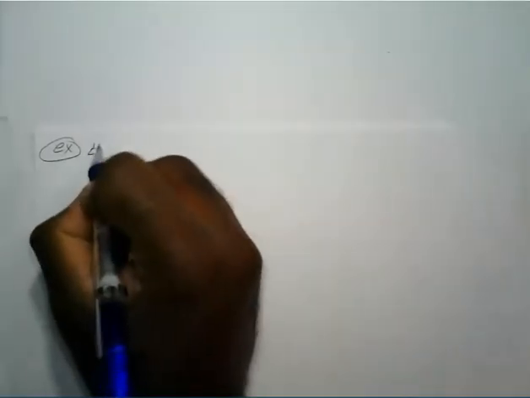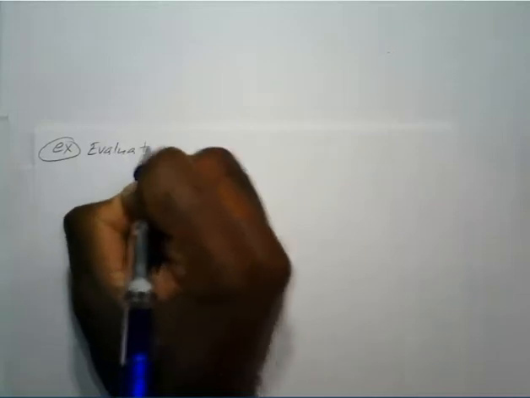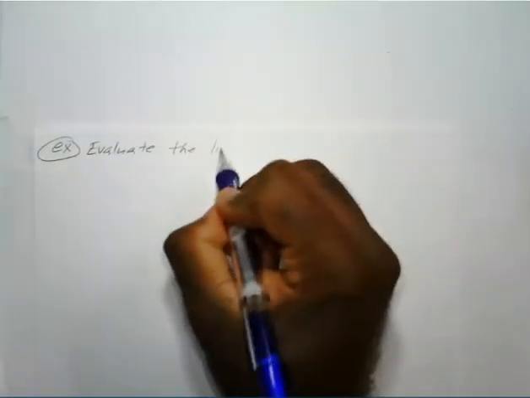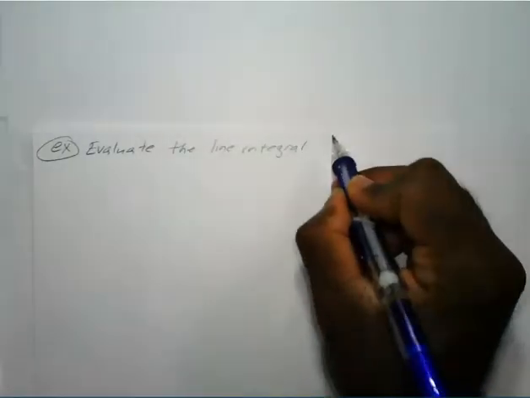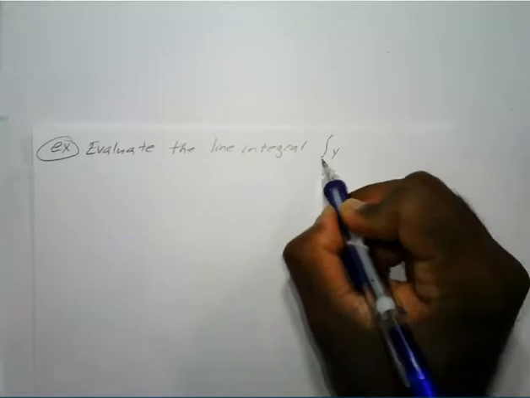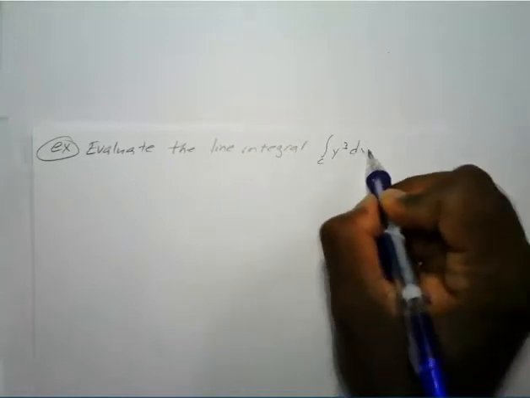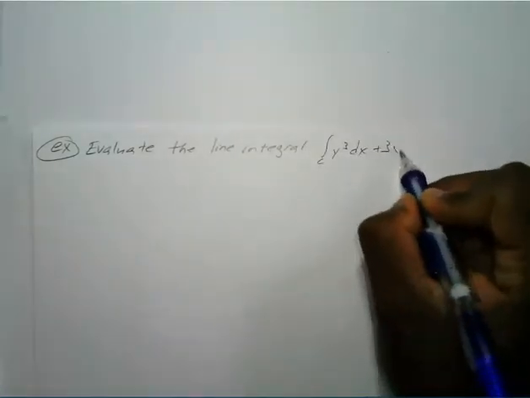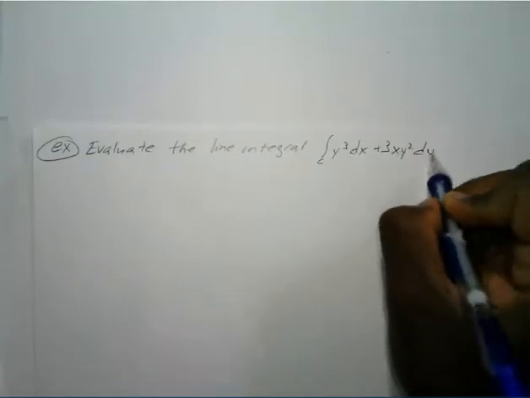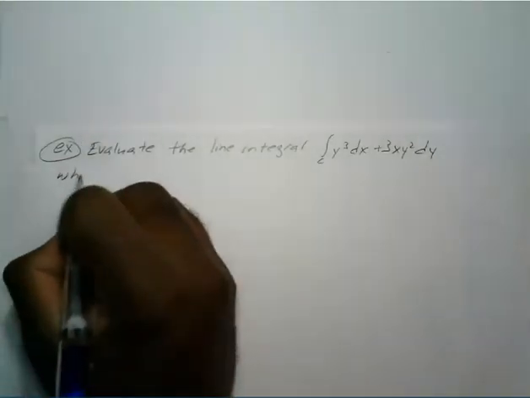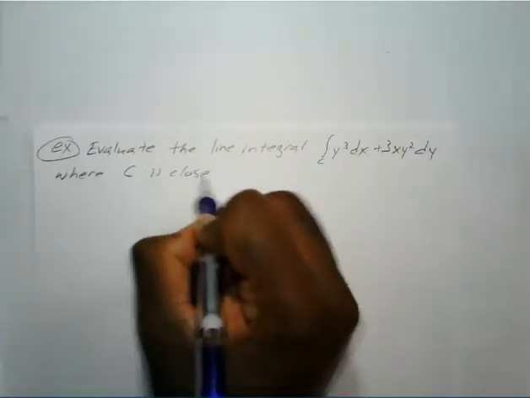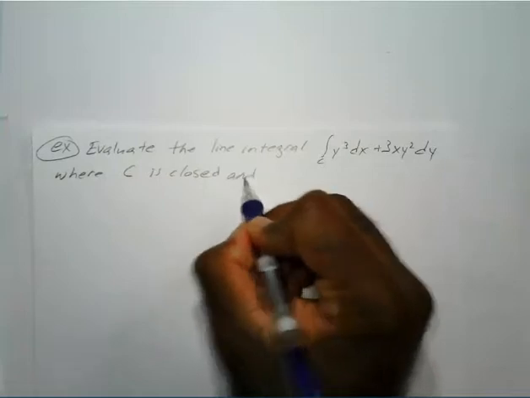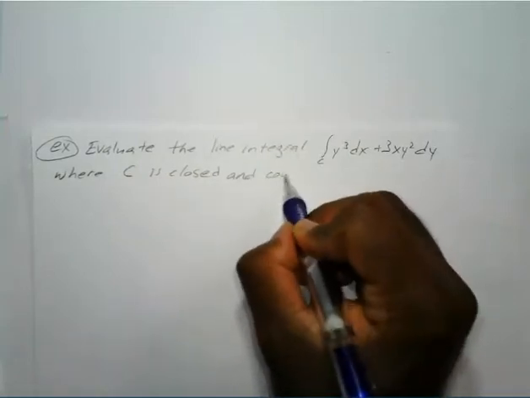Okay, so let's say, for example, we wanted to evaluate the line integral of y to the third dx plus 3x y squared dy, where C is closed and counterclockwise oriented.